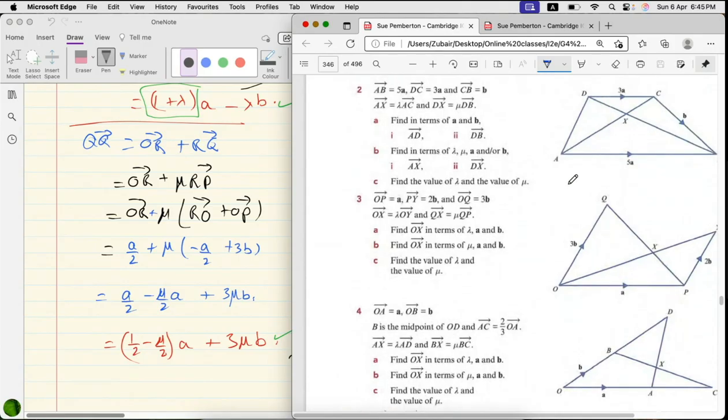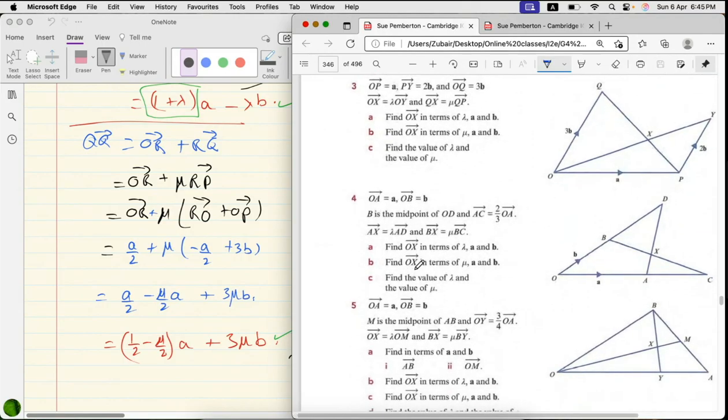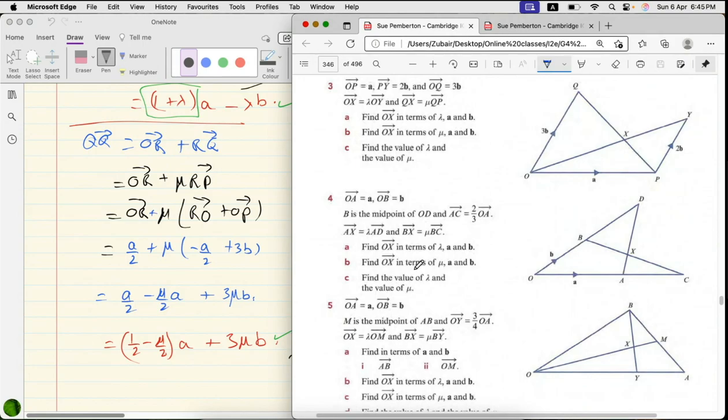Okay, skipping question two, try number three. That's of similar nature. All these questions would have the same nature. Let's try that once. Number three.